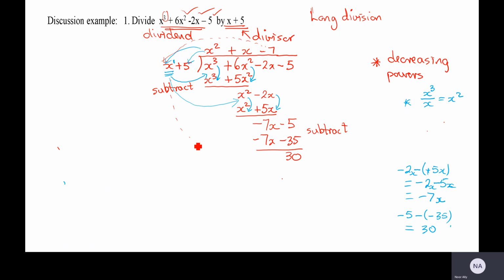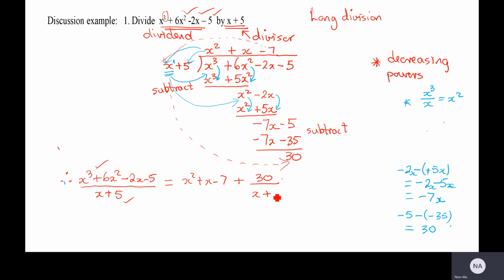So that's your dividend, divided by the divisor, is equal to the quotient x squared plus x minus 7 plus the remainder of 30 divided by the divisor x plus 5.